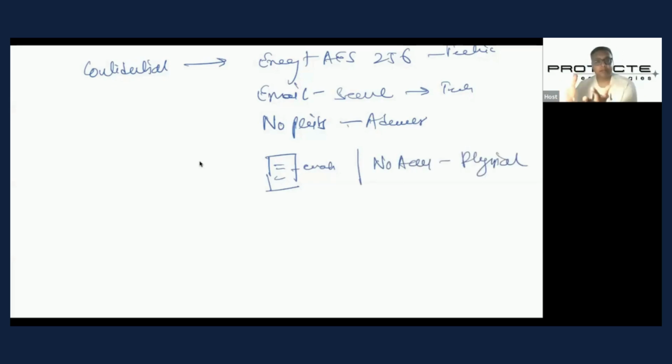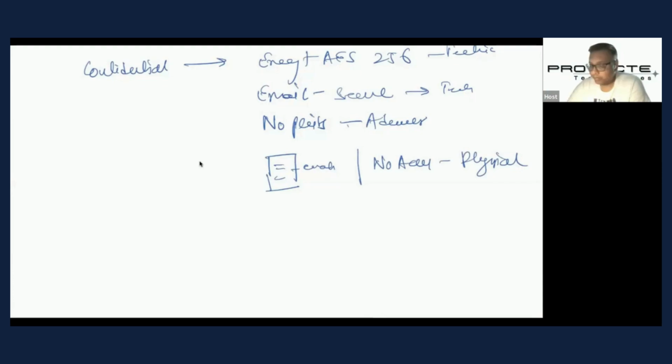So if you see, you can implement all these controls to achieve the desired level of security, which is regulated by the classification you have given and the policy which you made in domain one, that is security and risk management. Okay. Now this is where the correlation comes in, right?